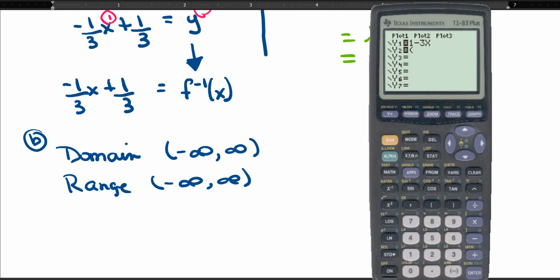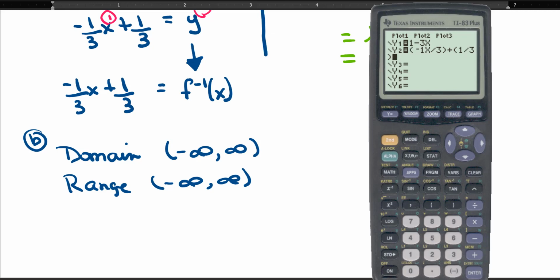Open parenthesis, negative 1, let's put x there, divided by 3, plus 1/3.